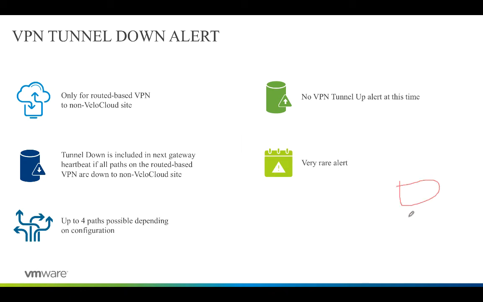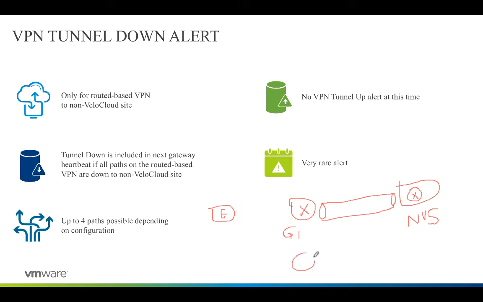So you have a non-VeloCloud site here, let's say with a Cisco router in that site, which is configured with the IPsec, my edge device, which is on the branch site, and then the VeloCloud gateway, which is in the cloud or on premise. The IPsec tunnel gets established from the gateway to that non-VeloCloud site. Now, if I have a single gateway, then I create a single IPsec tunnel.